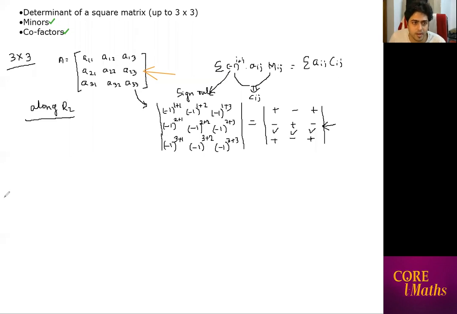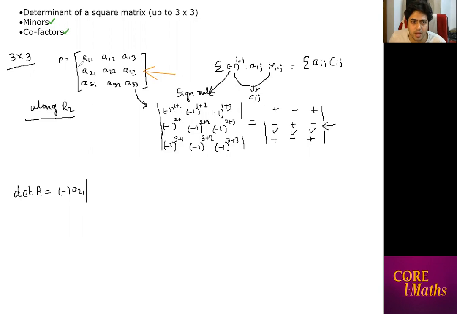So if we write it here, determinant A is: the first sign, that is minus, into the element, that is A21, into its minor value.